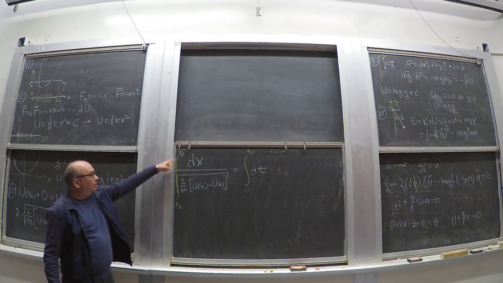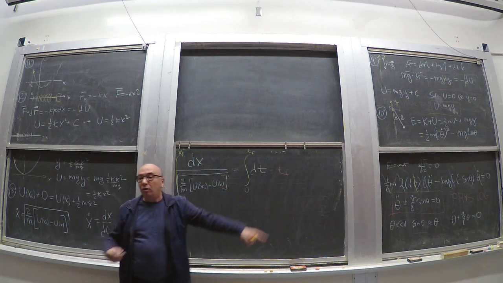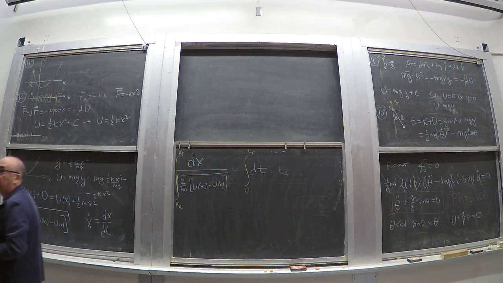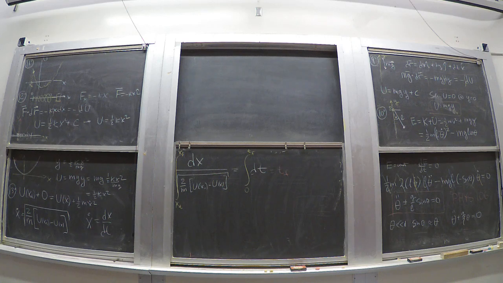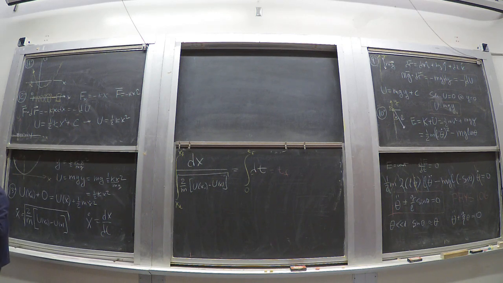You can integrate this, just one integral, and you get the time of the entire motion. That's really powerful. This is how you connect potential energy to time of motion from point to point. K&K does it for a pendulum. It's a fully solved example, so please read that example.